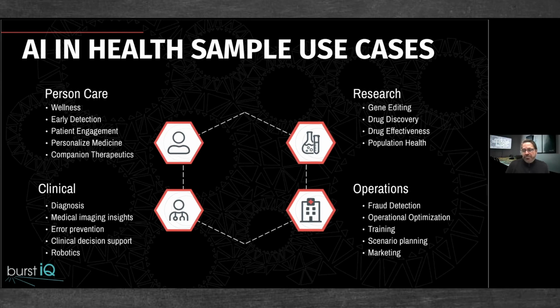And then finally, operations. A lot of work around fraud detection, particularly in the payer space. Operational optimization. We've done a lot of work in AI around revenue cycle management in terms of figuring out patterns within rev cycle, both from a provider and a payer side of life. Training is a big one. Virtualization and all this virtual reality is really going to help accelerate training and efficiencies across the board.